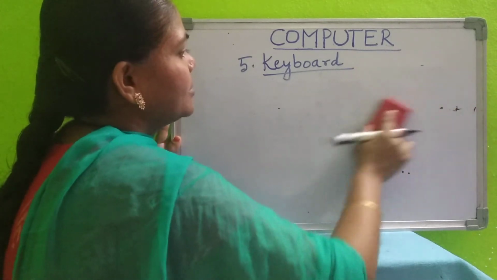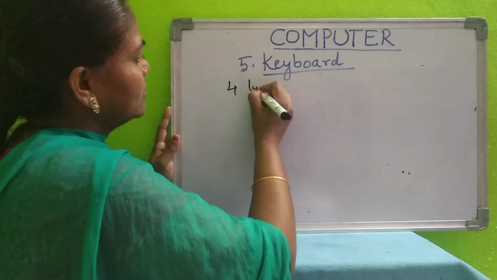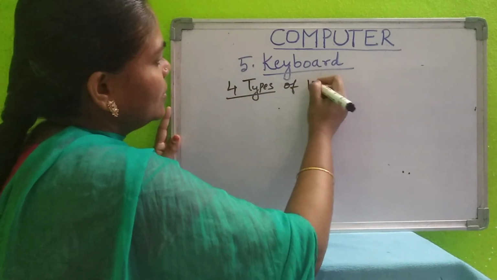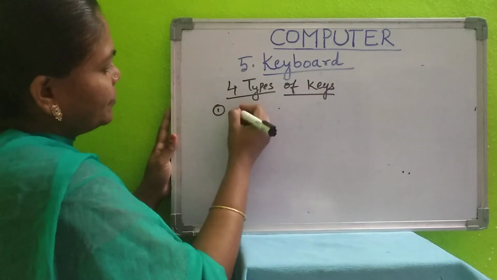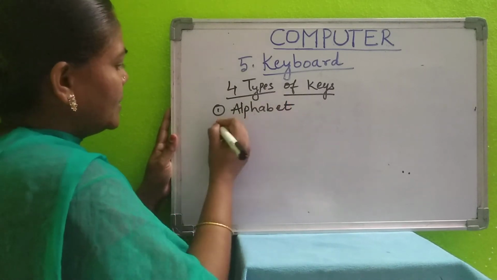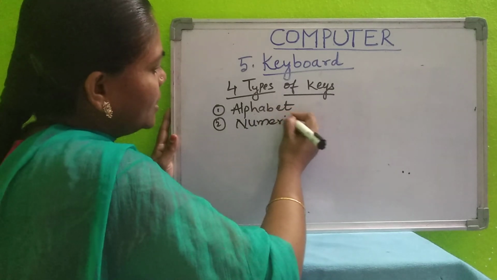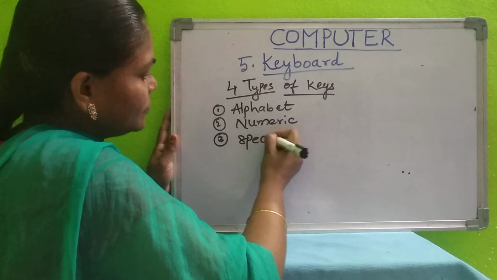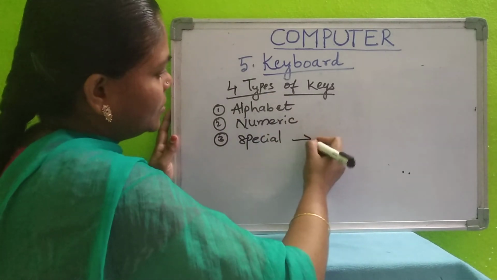How many types of keys are there? Four types of keys on keyboard. First one is alphabet keys. Next is number keys or numeric keys. Third is special keys. In these special keys, what are those?